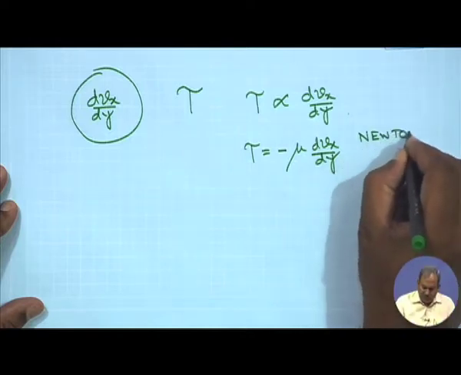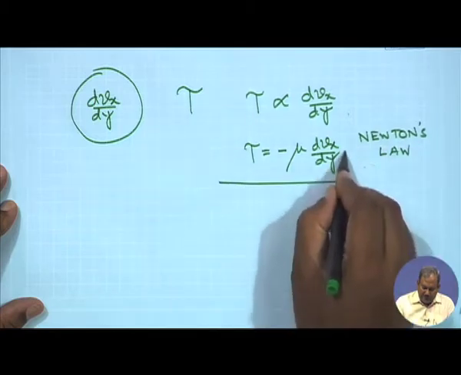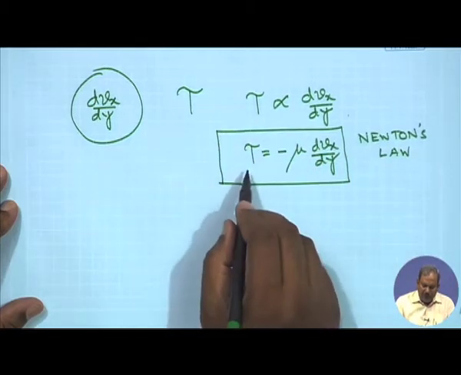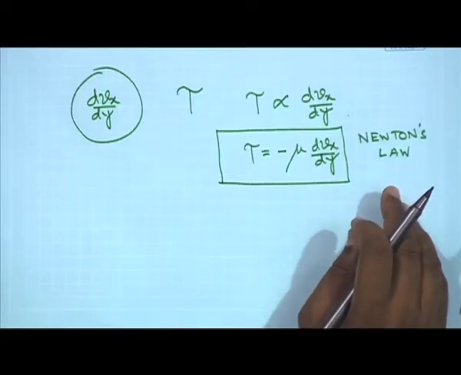All fluids which obey this type of law for momentum transport because of difference in velocity are known as Newtonian fluids. From your fluid mechanics, you are well aware that there are some other types of fluids which do not obey Newton's law.